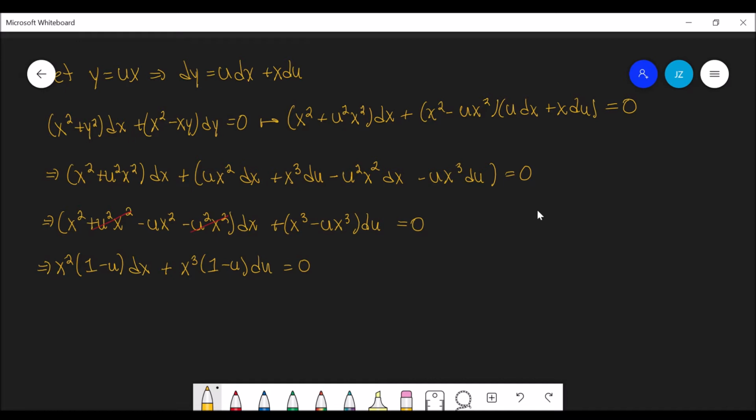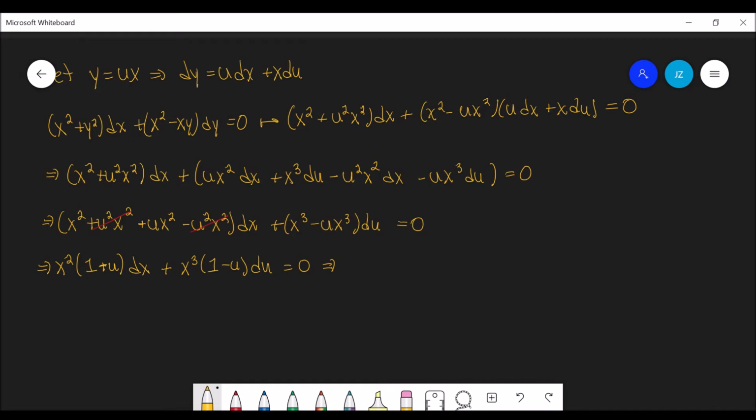I apologize, this should have been a plus, which means this is a plus. Okay. We now divide everything by 1 plus u, and also divide everything by x cubed.